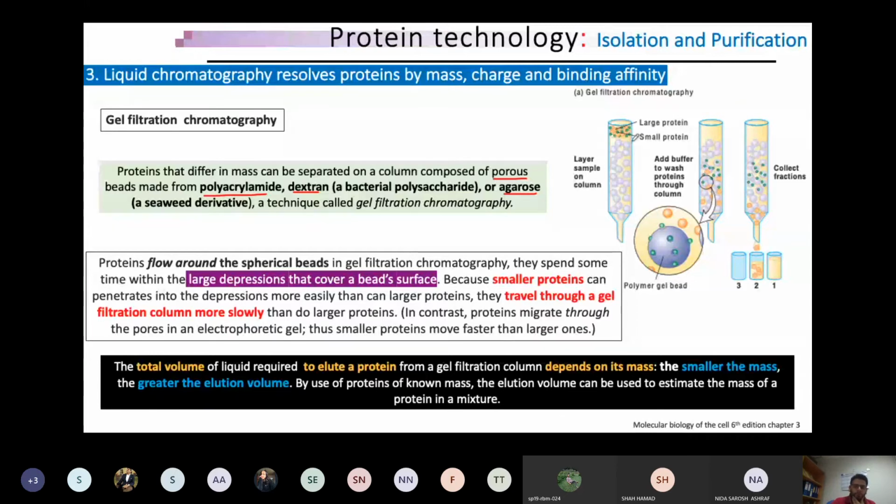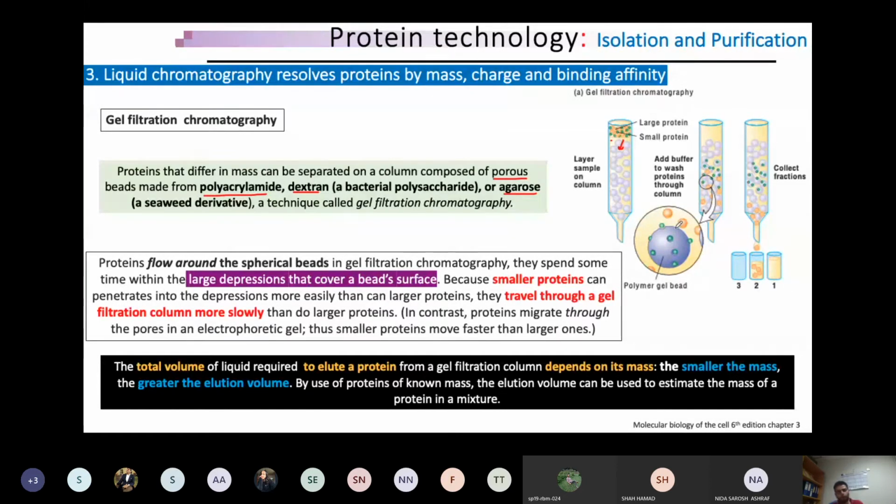The small proteins have much better chance to get trapped in these small pores, because small protein molecules can pass into that, they will be trapped in the hole, whereas the larger proteins will remain on the surface, so they will not be trapped.